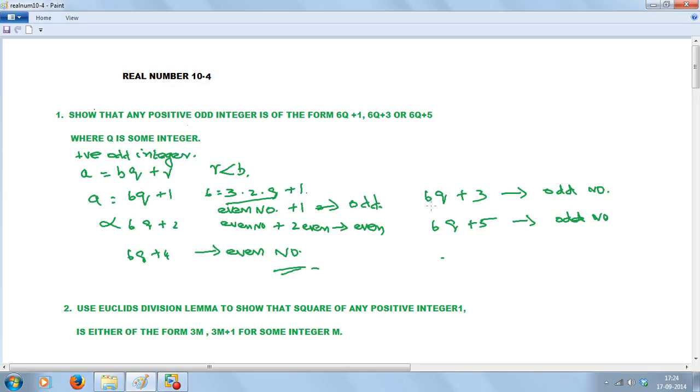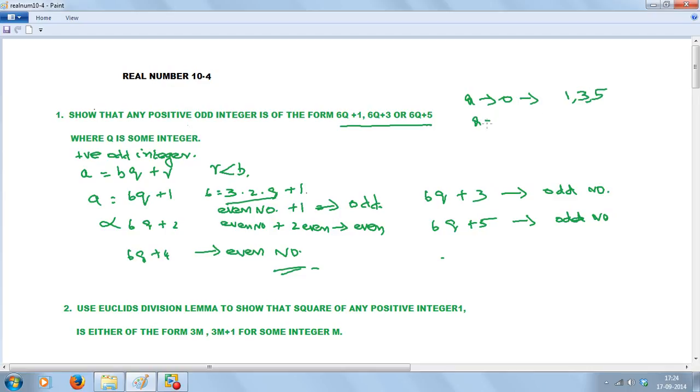So let us apply this formula and get all the odd integers. These three, 6q plus 1, 3 and 5, are odd integers. Suppose q is equal to 0, then what numbers do we get? 1, 3, 5.